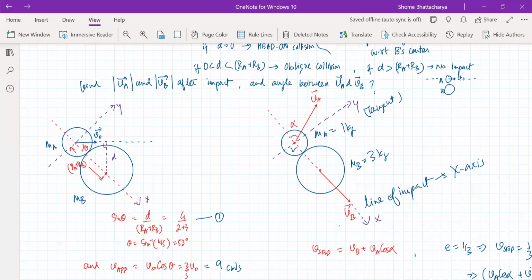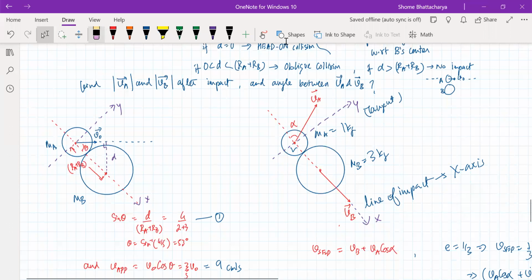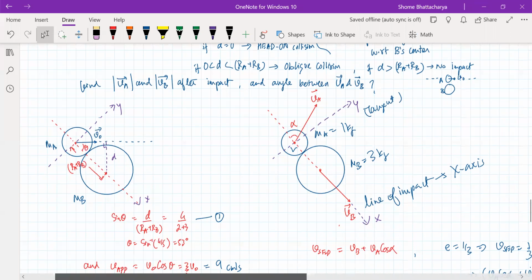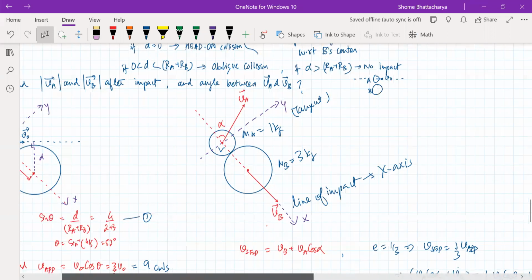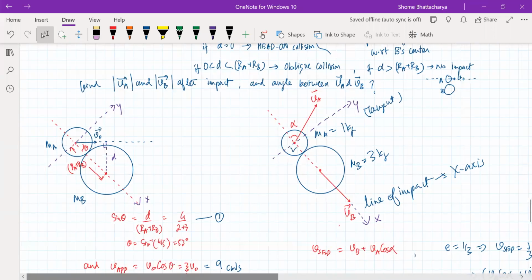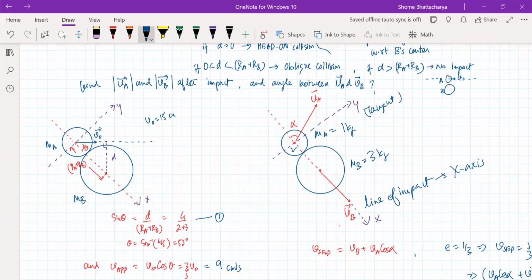Okay. Now the next thing is that we look at the picture after impact. V0 was given in the question. It was 15 centimeters per second in magnitude. Okay. Coefficient of restitution was 1 by 3, right?